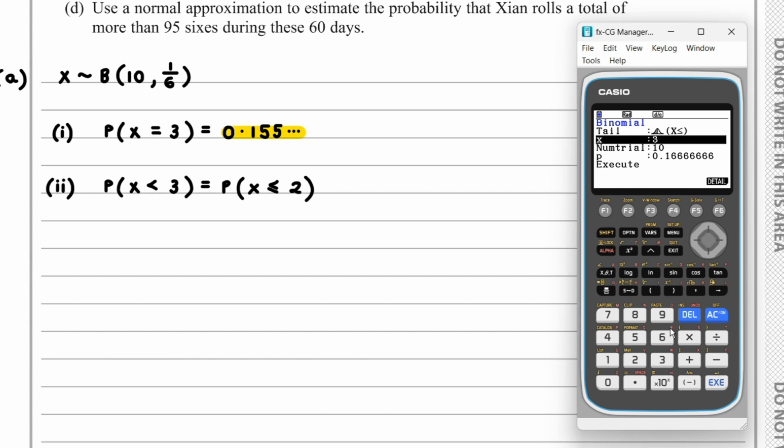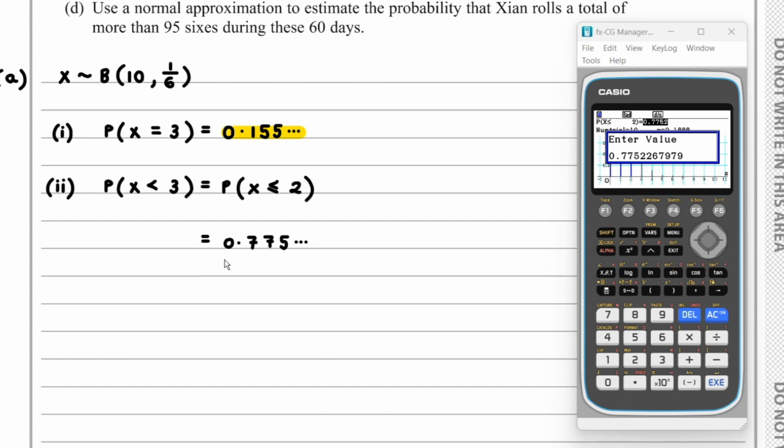In this case, x is 2. The number of trials we have is 10. The probability is still equal to 1/6. And if we work this out, you will find the probability that X is less than 3 is equal to 0.775, etc.